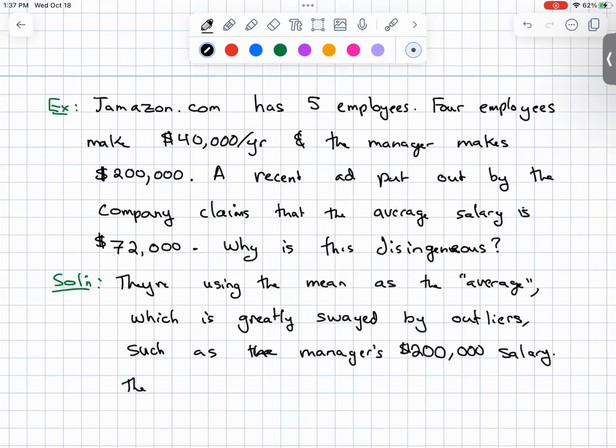The median would be a far better representation of average salary.